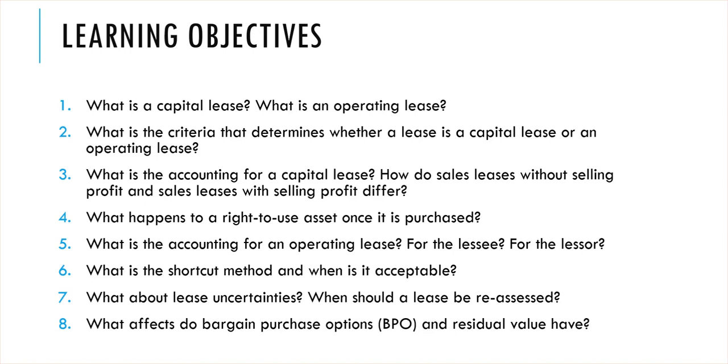What is the criteria for that? Previously, it was bright lines. Now it's more of a guidance or principle-based approach. What is the accounting for a capital lease? This is very tricky. And how do sales leases without selling profit and sales leases with selling profit differ?